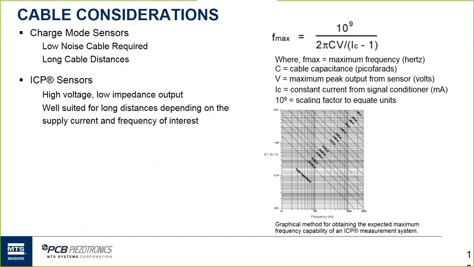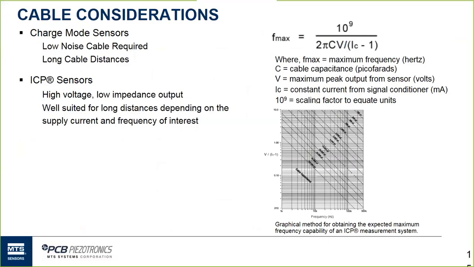With the ICP systems, being a high voltage, low impedance output, they're well suited for longer cable runs and simply can account for longer cable runs by using higher constant current, which we've not discussed in detail here.